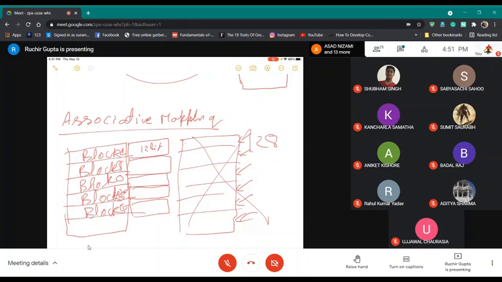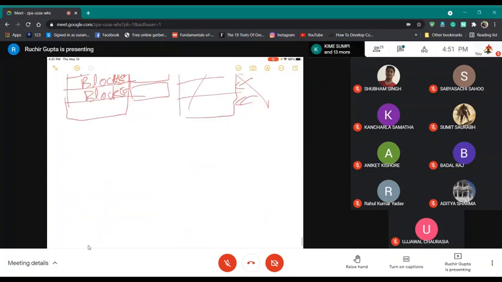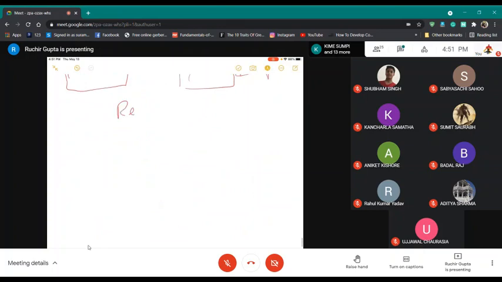That means 4 bits of addressing will be taken care of by this. So you will have a tag of 12 bits. Right. The associative mapping always needs a good replacement algorithm. We'll talk about the replacement algorithm after some time.